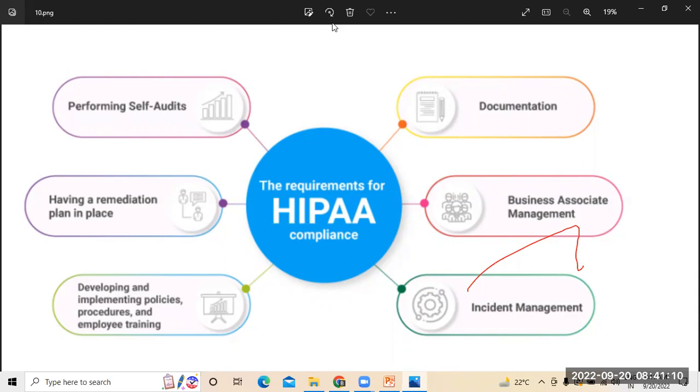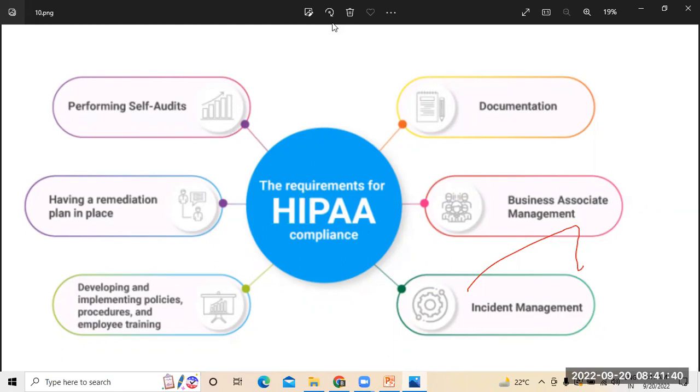healthcare. So one is performing self audits from time to time by the internal auditors. Second, business associate management: how you are managing the association of the business people who are involved in the process. The next, incident management: how you are managing your incidents. Next, having a remediation plan in place, followed by documentation.